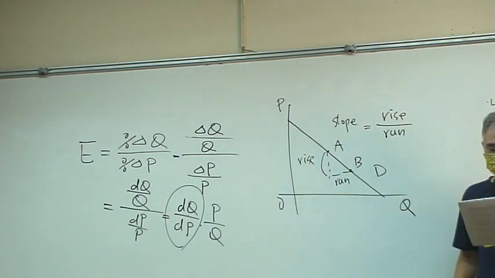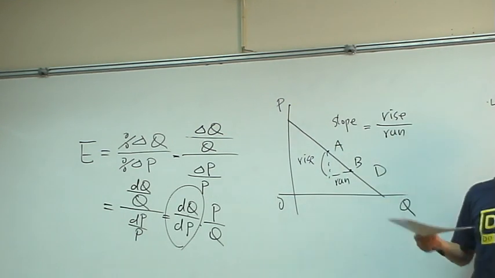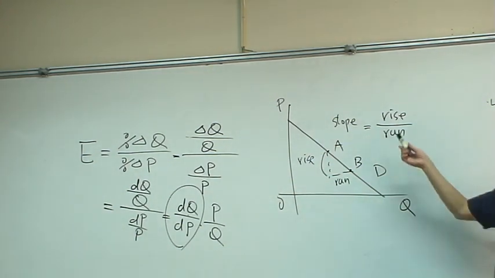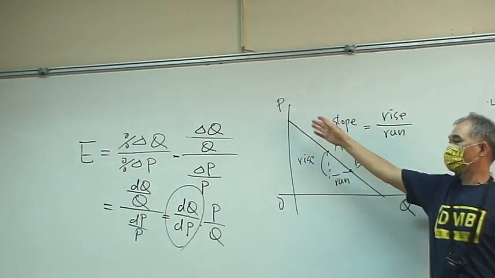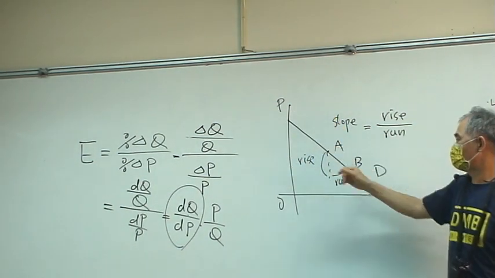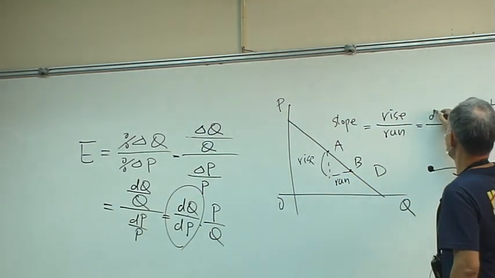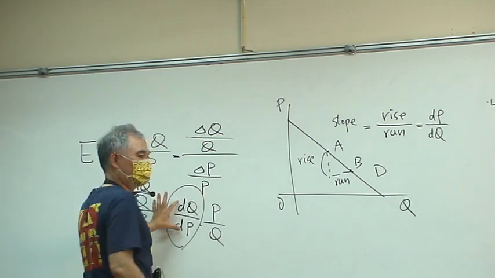Can anyone tell me, what is slope? Exactly. So here is rise over run. What is this part? This part is change in price, right? This is the price axis. So this is change in price, and this is change in quantity. So this is dp over dq.